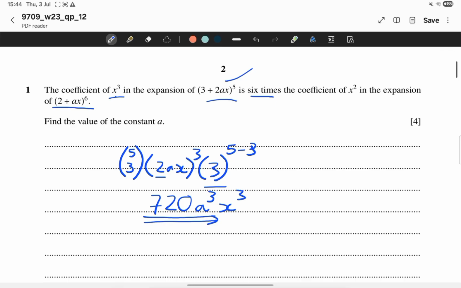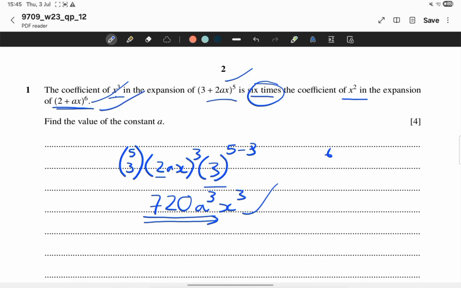And we're being told that the coefficient of x^3 for this expression is 6 times this one, so we go ahead and write the coefficient of x squared for the second expression.